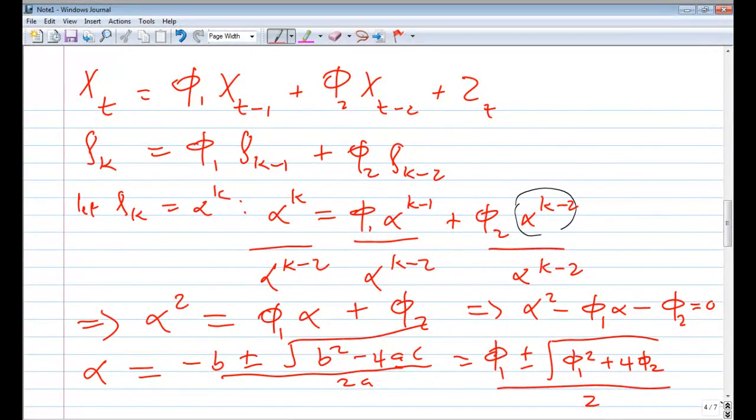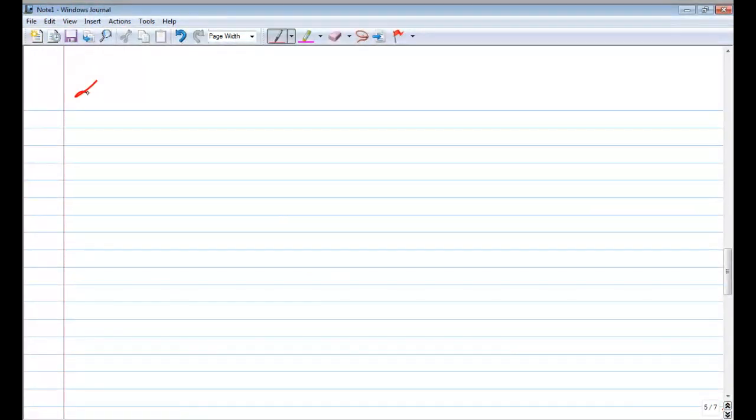Are we together? So now let's find alpha 1 and alpha 2. Tell me, alpha 1 equal to what?